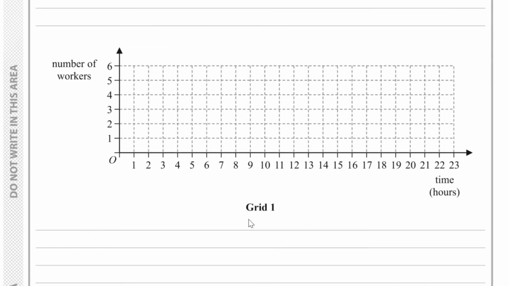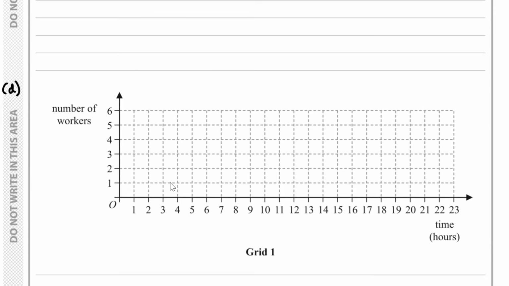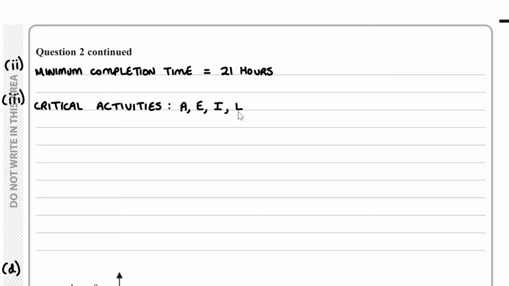You can see here for part D, we have grid 1, and I recommend beginning with the critical activities. We have A, E, I, and L.